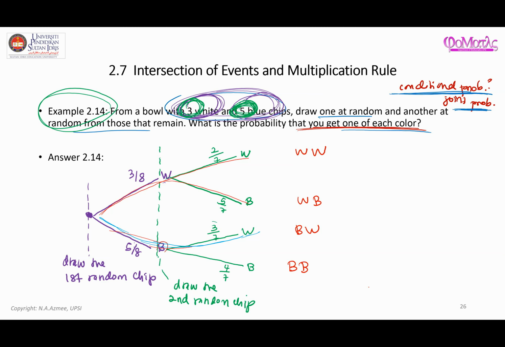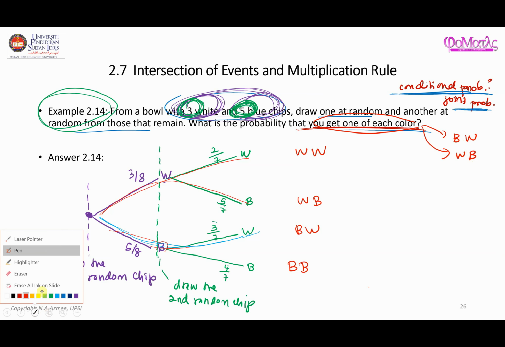The question is asking you to find the probability you get one of each color. That means you can either get B first and then W, or you can get them in a different order, which is white first and then blue. So we are actually looking at this path and this one. We need to find the probability of that.